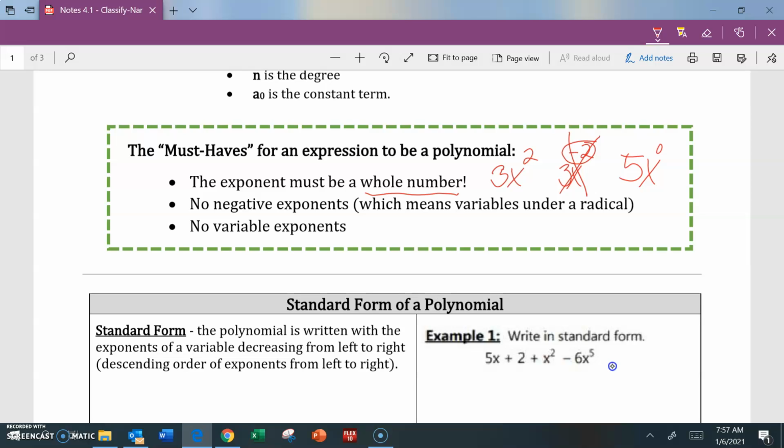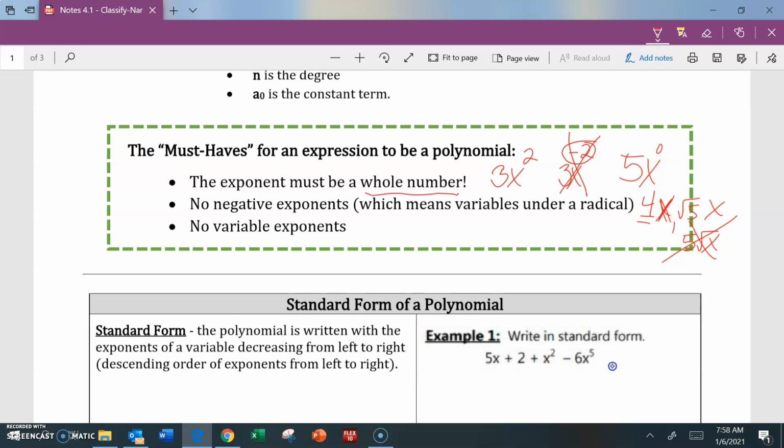So you can have, for instance, your coefficient, which in this example 4x, 4 is called your coefficient, x is your variable. The coefficient can be any number. So you could have square root 5x, that's fine. But what you can't have is 5 radical x. That's not a polynomial, okay?